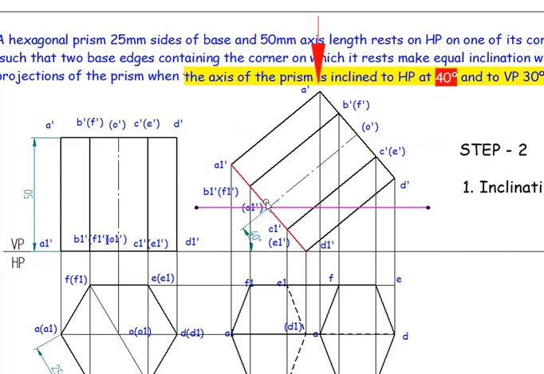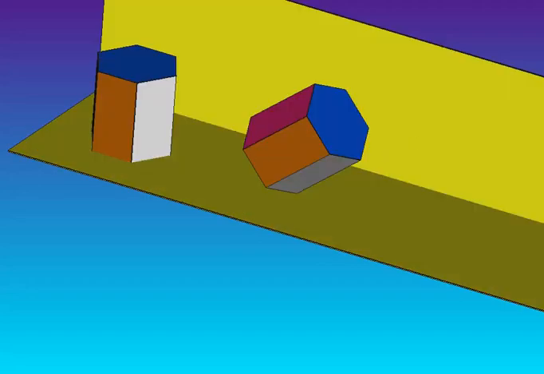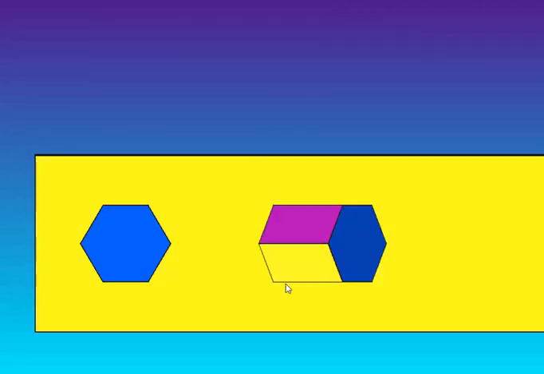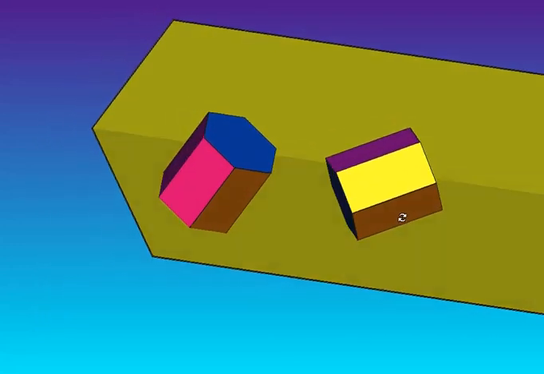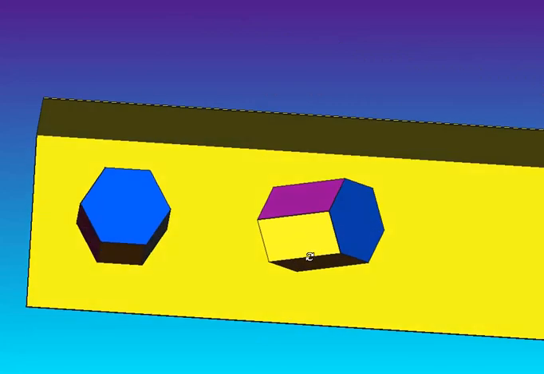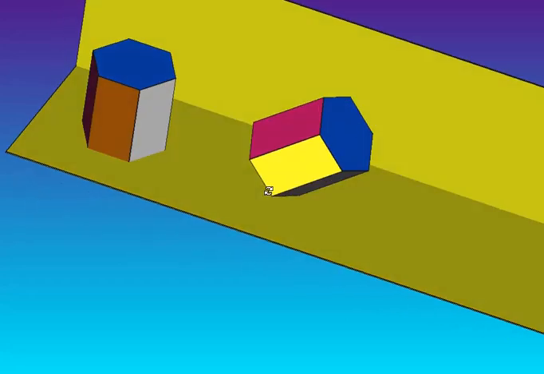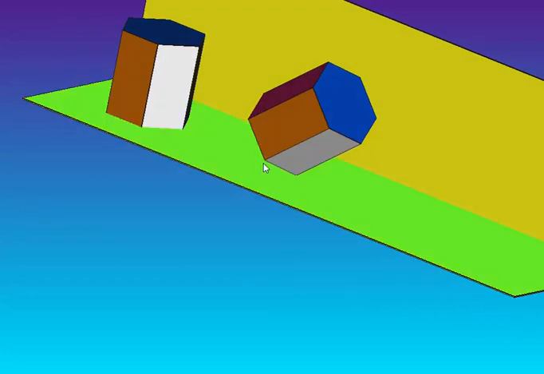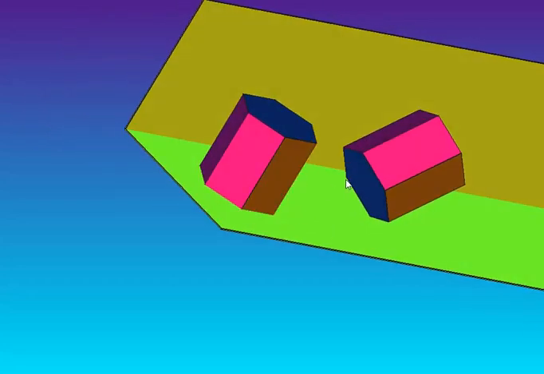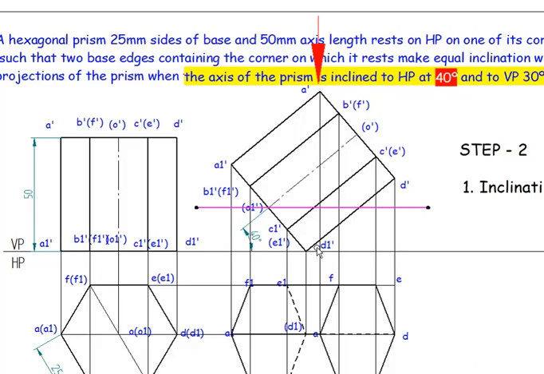Now here we will be able to see these points, but the line joining the farthest point, which is this one, this edge, is nothing but the edge which is inclined 30 degrees. So this point is not visible in the top view. Similarly, this point is also not visible in the top view. So the first farthest point, and the second farthest points are C1 dash, E1 dash.